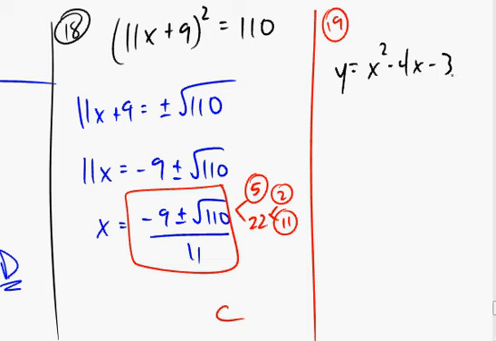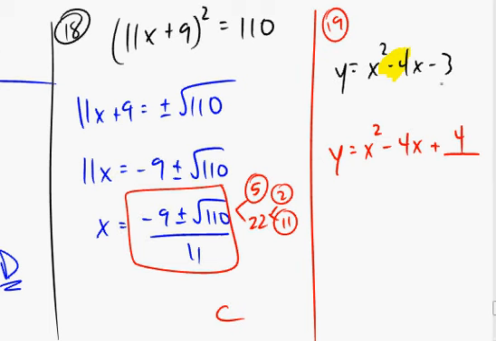Oh, write the equation in vertex form. Oh, so you have to complete the square, all right? So I want to say y equals x squared minus 4x plus what? 4. You do half of this squared is 4, right? So how do I get from negative 3 to 4? How much do I have to add? 7.